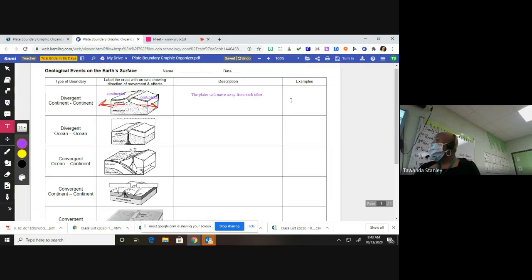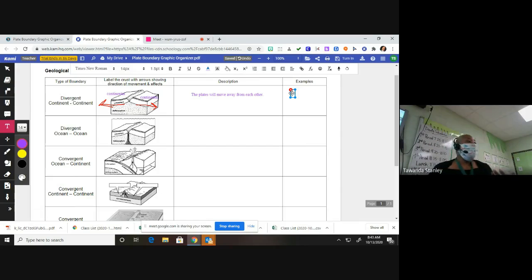An example of this, which we should have learned yesterday in that reading activity about plate movement, of two pieces of continental land going away from each other is a rift valley. That's going to be an example.